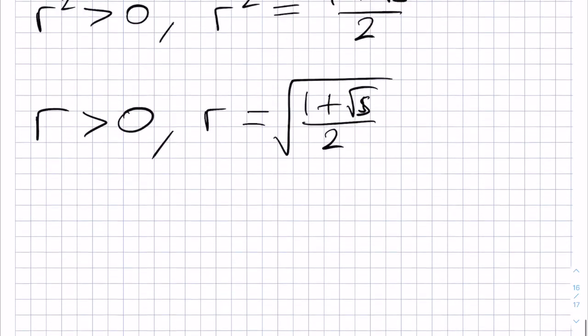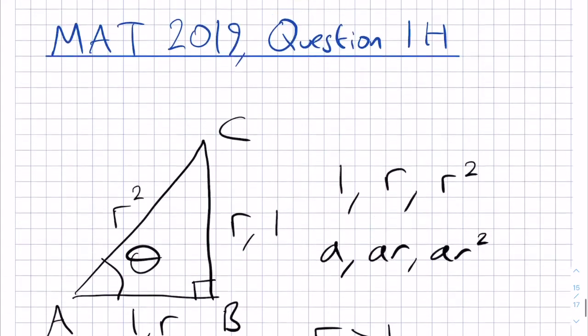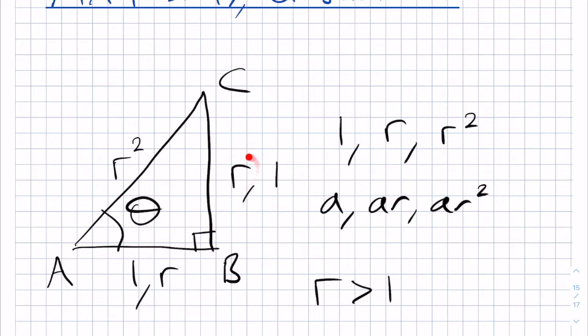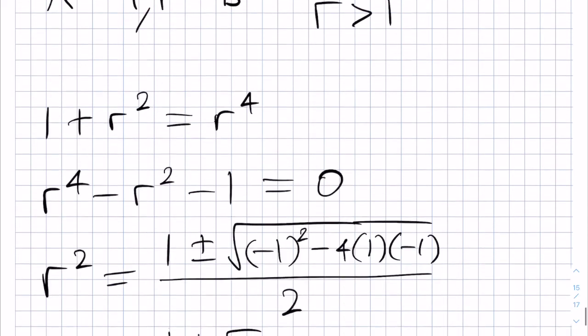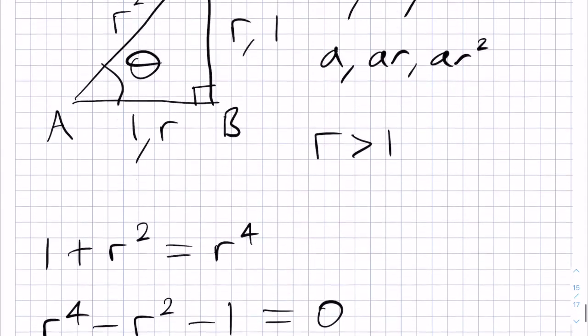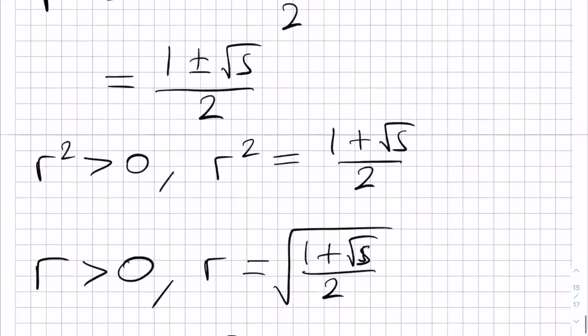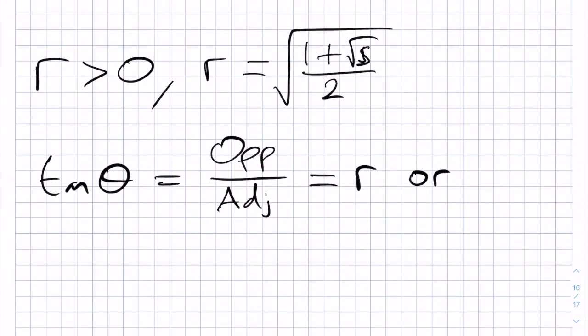In general, tan of theta is equal to the opposite divided by the adjacent. If we have the opposite being r and the adjacent being 1, then we have r divided by 1, which is r. But alternatively, we could have the opposite being 1 and the adjacent being r. And so the other solution for tan of theta is 1 over r.